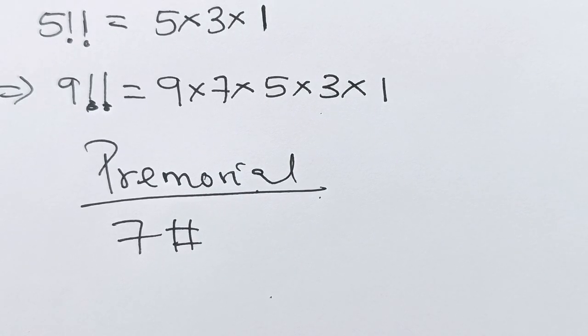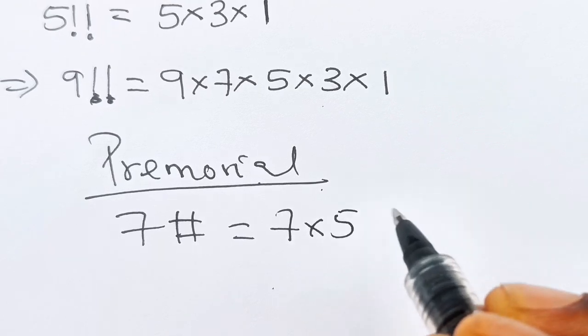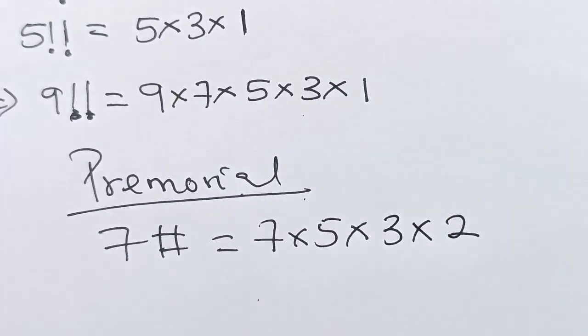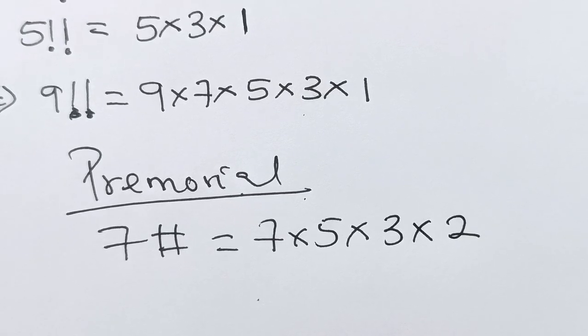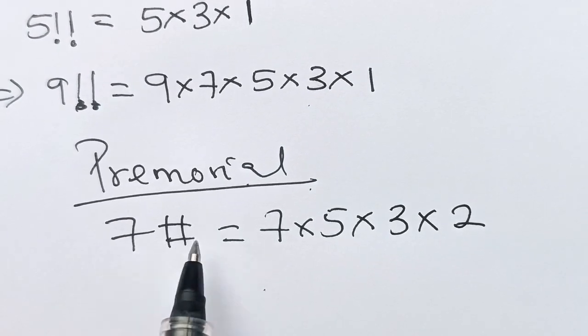So we can write this as 7 multiplied by 5 multiplied by 3 multiplied by 2. 1 is not a prime number, and I believe you know that. That is our 7 primorial.